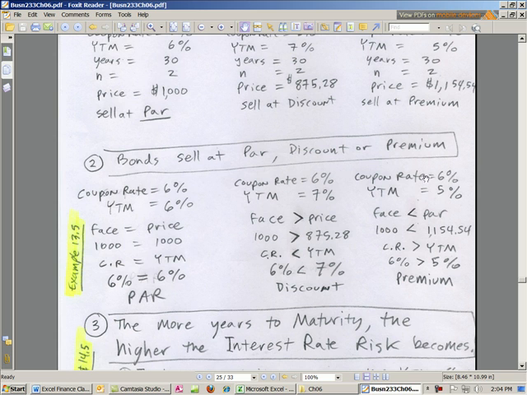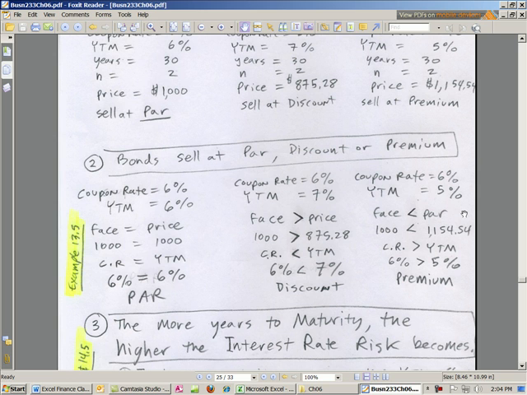Opposite situation, coupon is 6, yield to market is 5. In this case, the face will be less than the price. So the market's offering 5%, and our contract's offering 6. Everyone's going to rush in and want this larger rate, so we can charge a premium, right? So the face value will be less than, that's supposed to say price, not par.